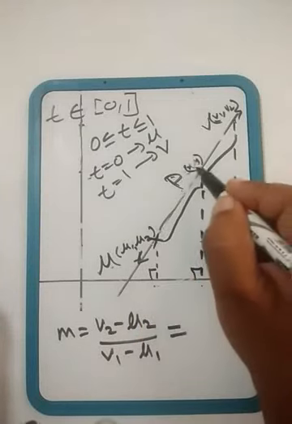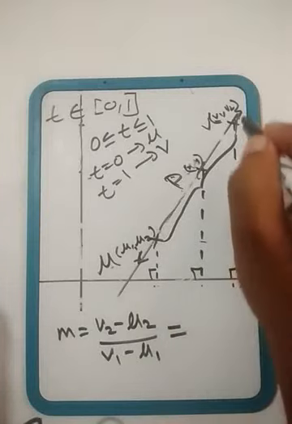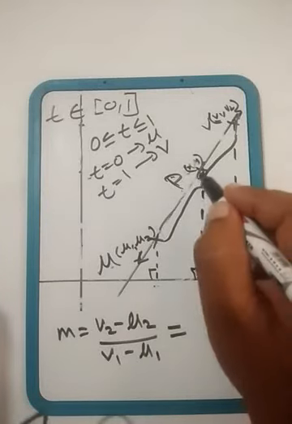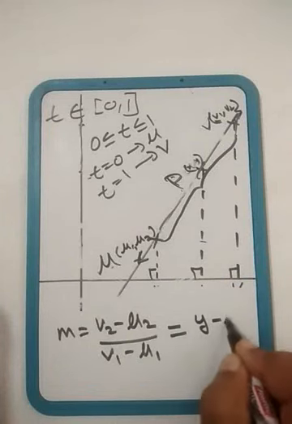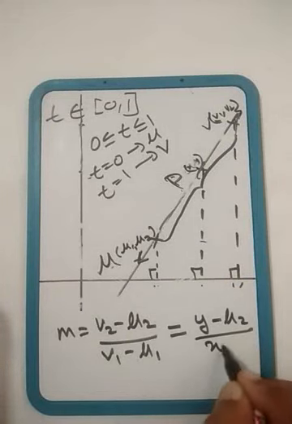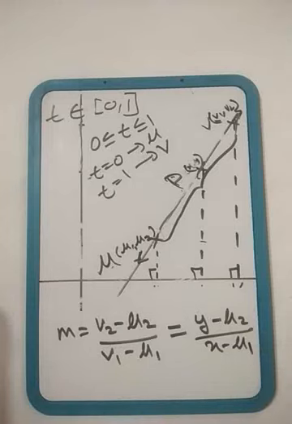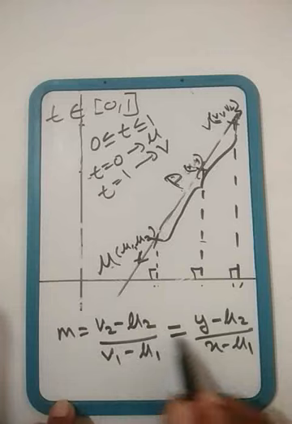If you consider this triangle, then we get that y minus u2 upon x minus u1. Right. Okay.